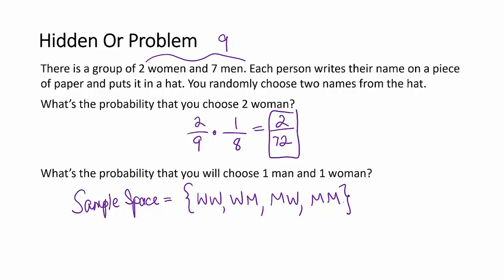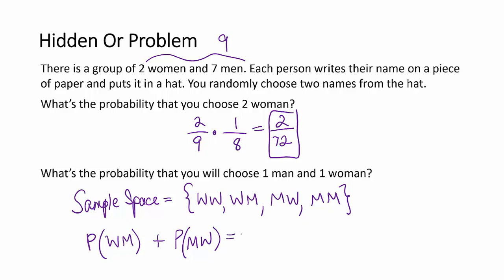Right, so we have to consider the probability that we choose a woman and a man, or a man and a woman. And this is that hidden or. We have to now figure out both of these things and add them together.